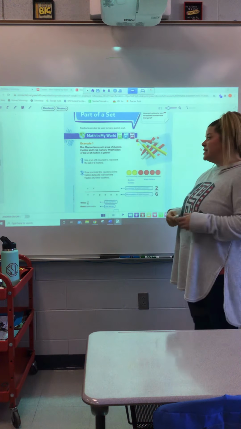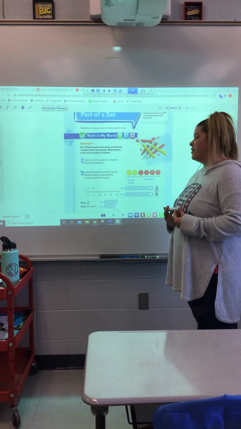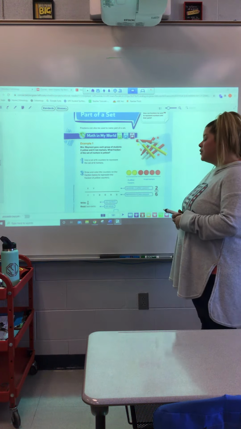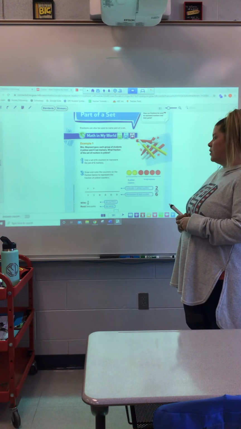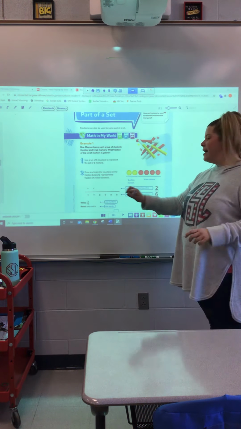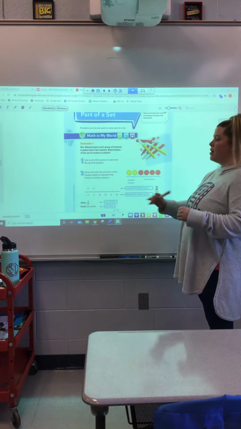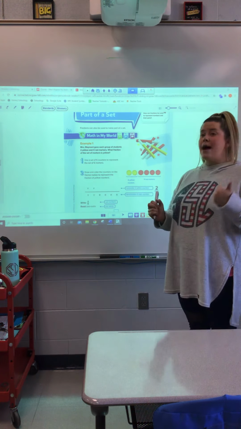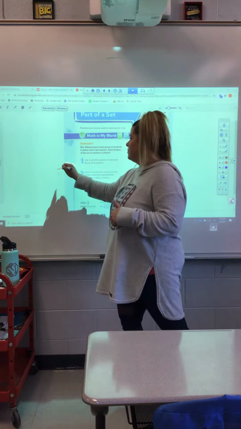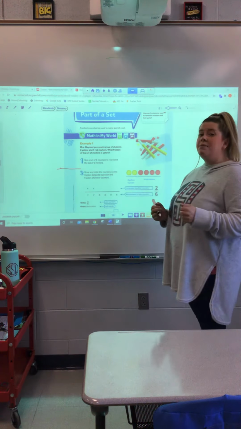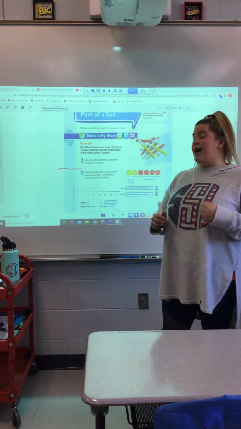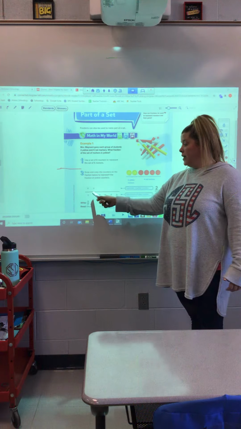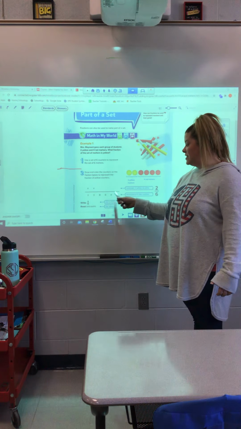So then step 2 says, draw and color the counters on the fraction below to represent the fraction of yellow counters. That picture is a little bit confusing. All it means is that my bottom number is how many markers I have total. So I have 1, 2, 3, 4, 5, 6.